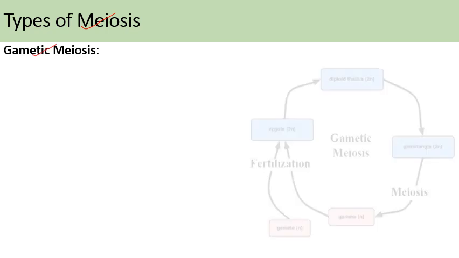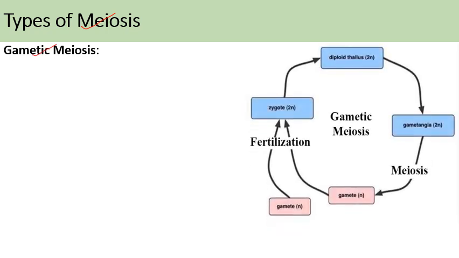Basically there are 3 types of meiosis. First is gametic meiosis. It occurs during the formation of gametes. For example, there is a diploid thallus. This is the mature body. Basically, it is sporophytic. The plant body bears gametangia, which are also diploid. When gametes are formed in them, during that time there is this division, that is meiosis, and two gametes are formed, that may be isomorphic or heteromorphic, and both these gametes are haploid.